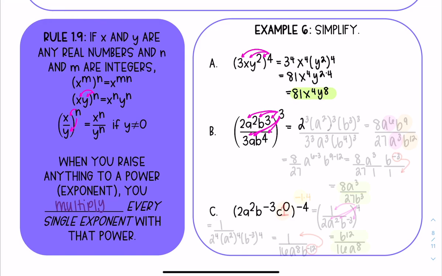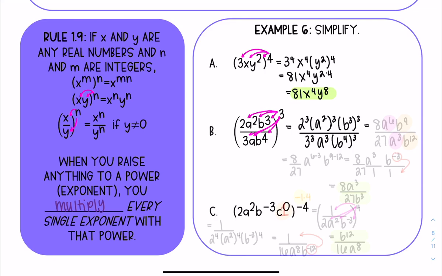So we have 2 cubed. We've got a squared cubed and b cubed cubed. And then on the bottom we have 3 cubed. We have a cubed and then b to the 4th cubed. So let's simplify a little bit.